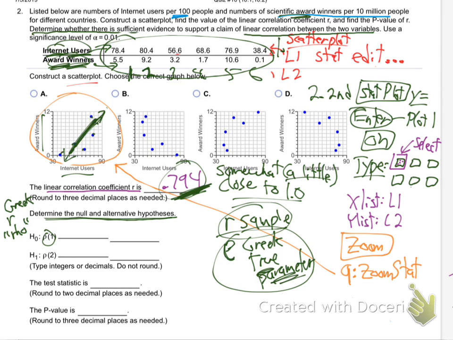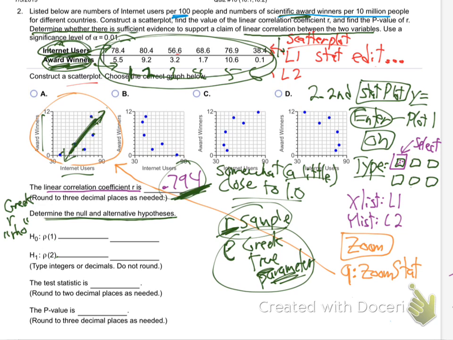They're the true parameter. You always take a sample because you're trying to find something out about the true relationship. So we always use the Greek letters to represent the true relationship, English letters to represent the sample. So what's the truth? Is there really a linear relationship in all countries in the world between internet users and award winners? Does the data from these 6 countries provide strong evidence or weak evidence?